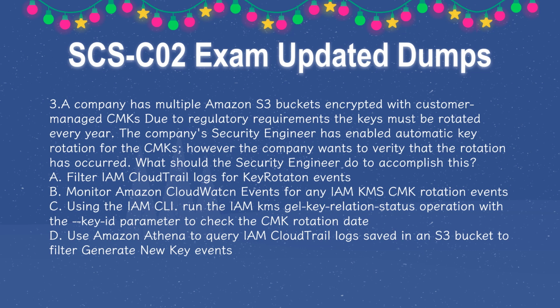B. Monitor Amazon CloudWatch events for any AWS KMS CMK rotation events. C. Using the AWS CLI, run the AWS KMS get-key-rotation-status operation with the key ID parameter to check the CMK rotation date. D. Use Amazon Athena to query AWS CloudTrail logs saved in an S3 bucket to filter generate new key events.